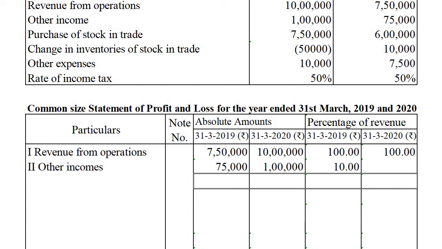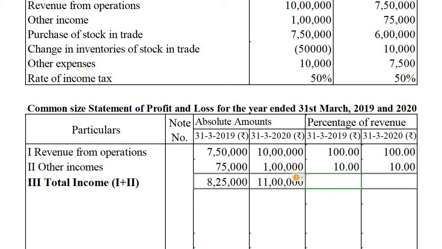Into 100 means to get the result in percentage. Next we will get again 10, that is 1 lakh divided by 10 lakh into 100. Now let us see the total income: 8,25,000 for the previous year and 11 lakh for the current year.